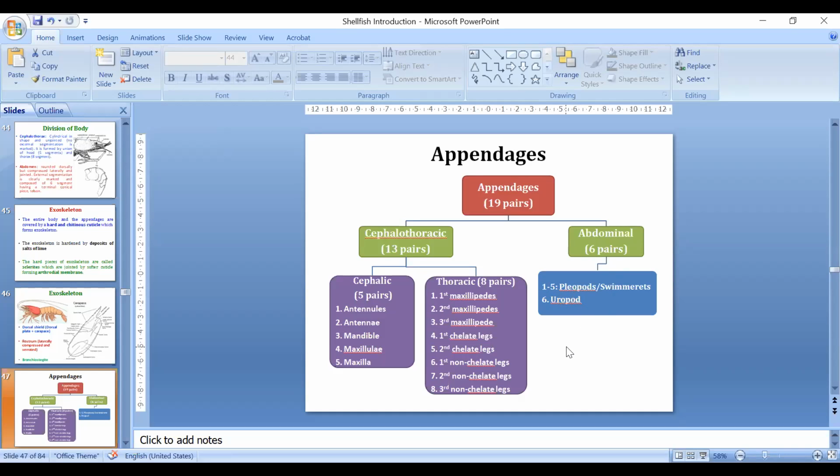Okay, so it is clear. 19 segments, so 19 pairs of appendages. 13 cephalothoracic segments, so 13 pairs of cephalothoracic appendages. 6 abdominal segments, so 6 pairs of abdominal appendages.